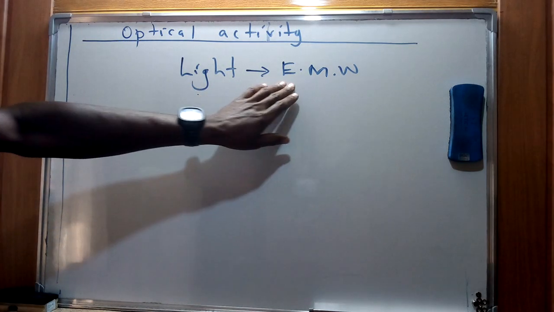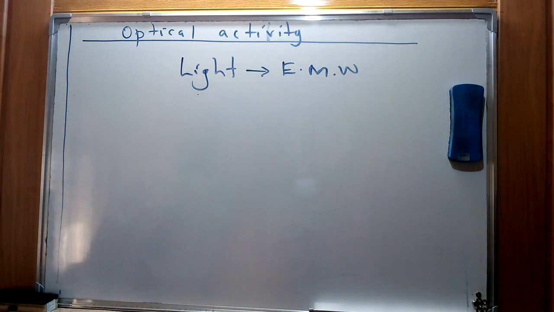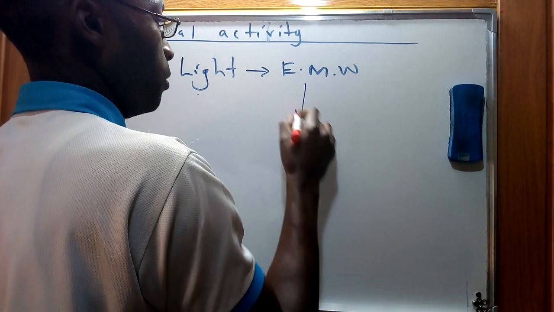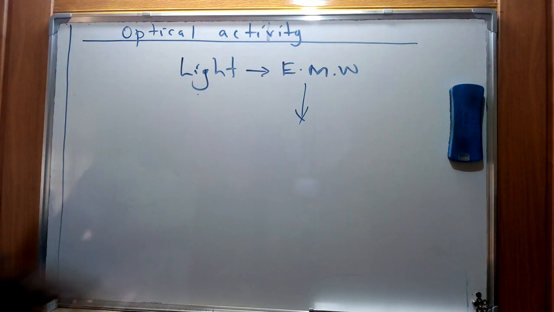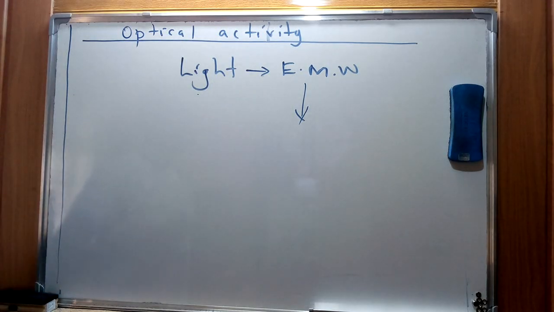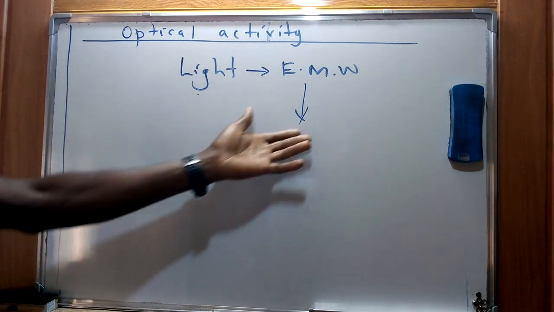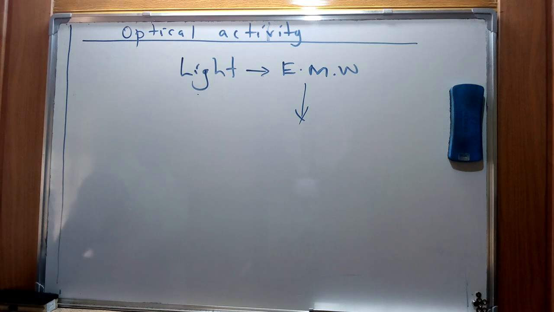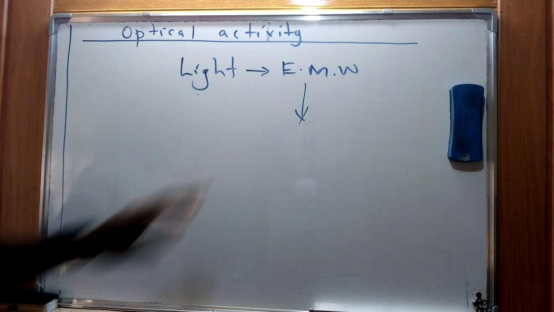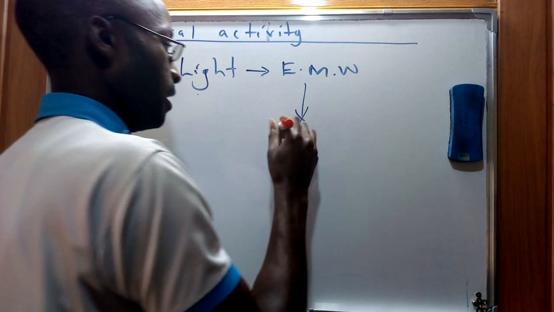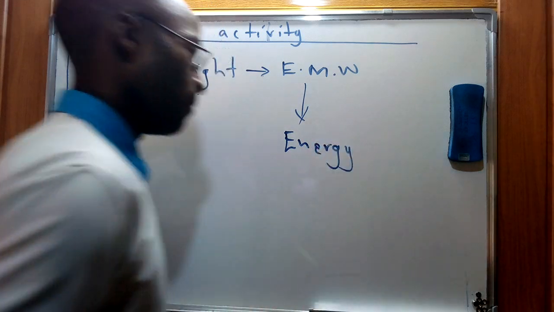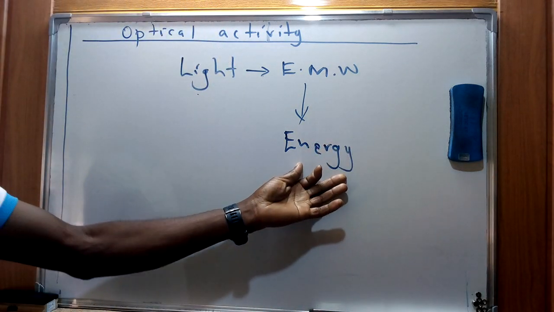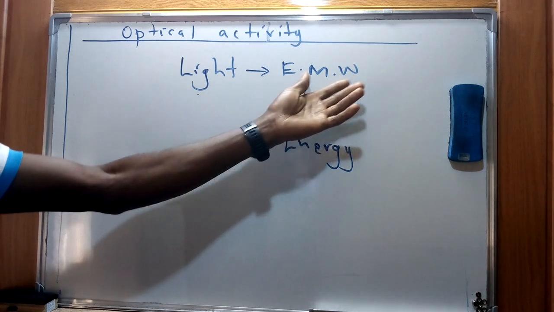So light is a form of electromagnetic waves, which can be described in various ways, or we can characterize light in the form of electromagnetic waves. And one of the characteristics of light that we discussed in that video on electromagnetic waves is that it possesses energy, just like other forms of electromagnetic waves that we have seen in that range of the EMW spectrum.